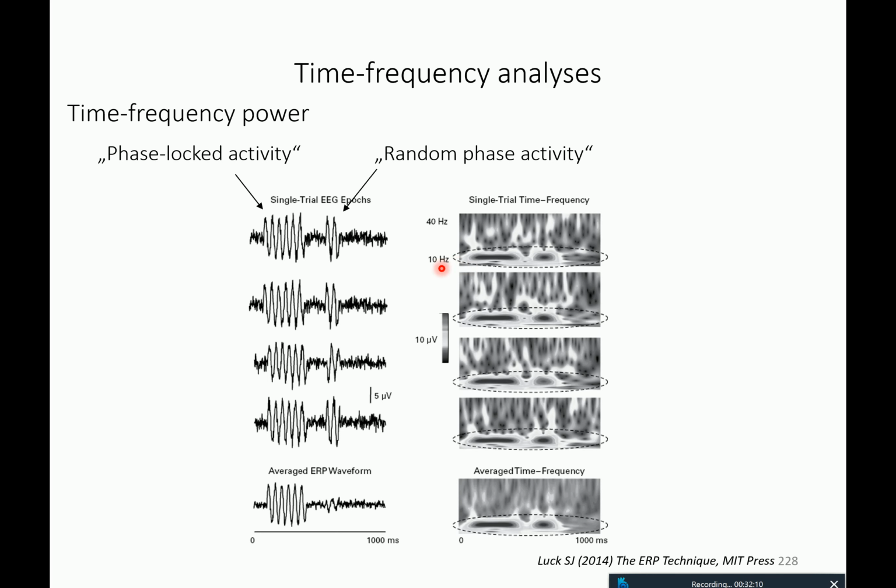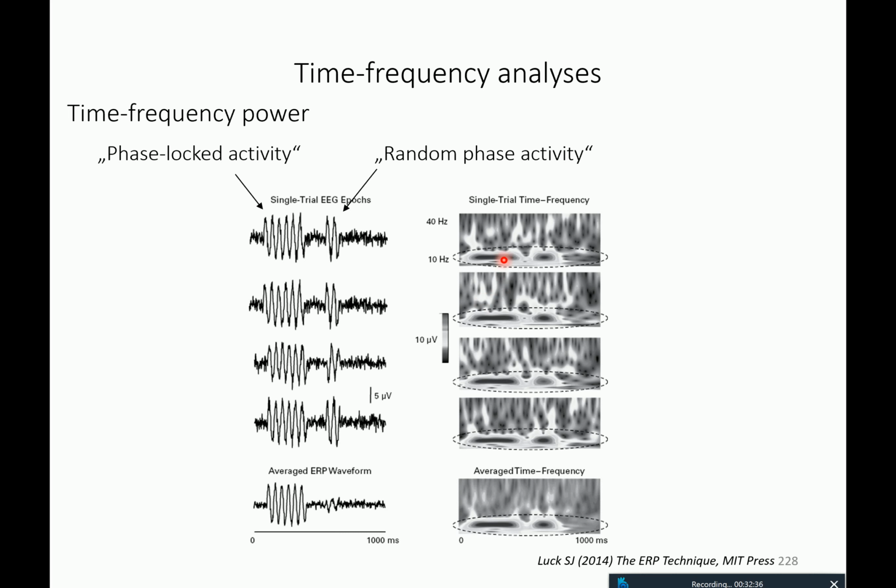You have frequencies on the y-axis, and the content of these frequencies is encoded in terms of the color. So if you have this blob here, that means there's a large contribution of 10 hertz in this time window between, I don't know, 50 and 350 milliseconds post stimulus.